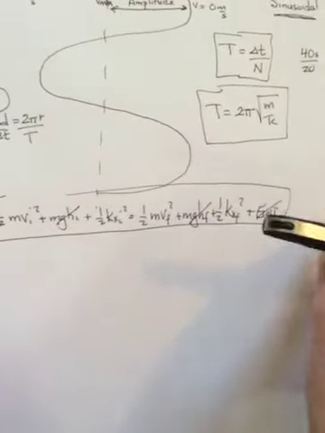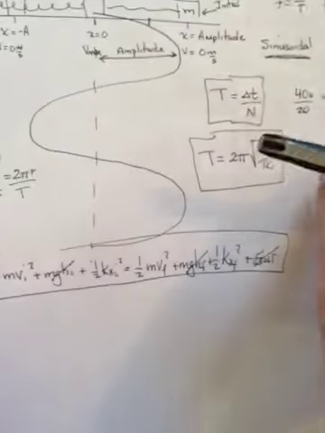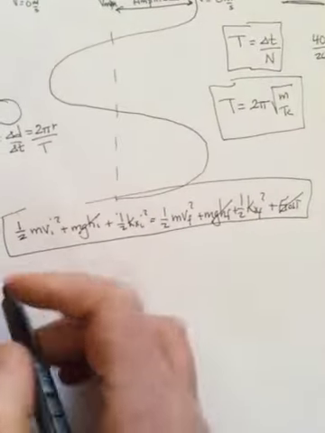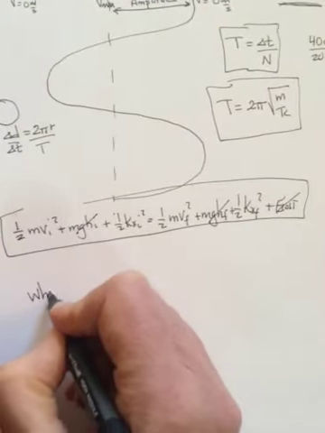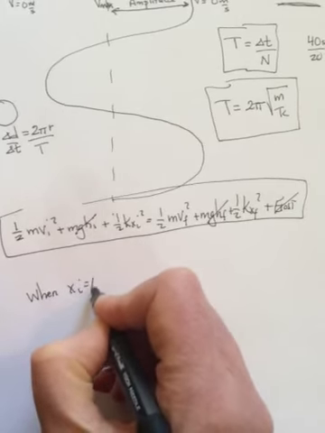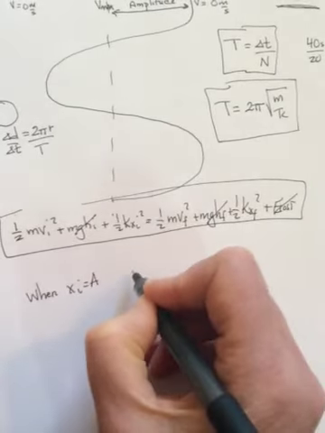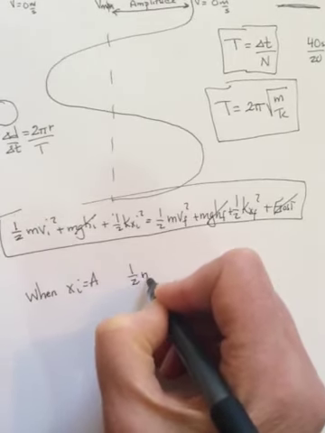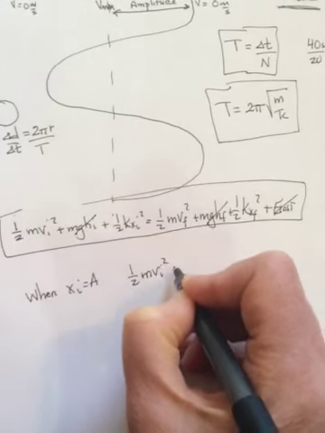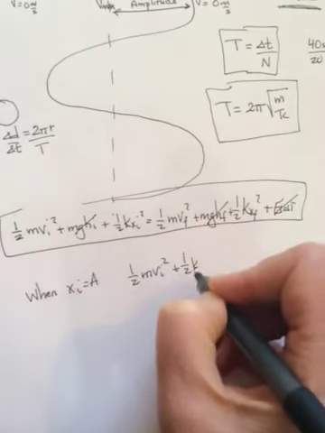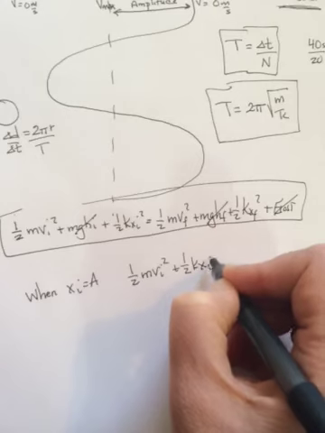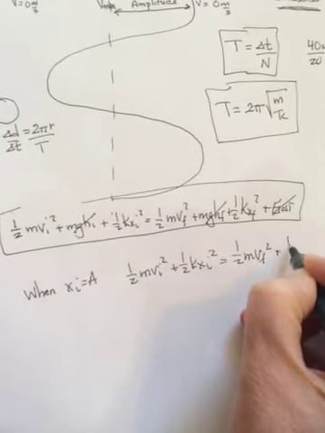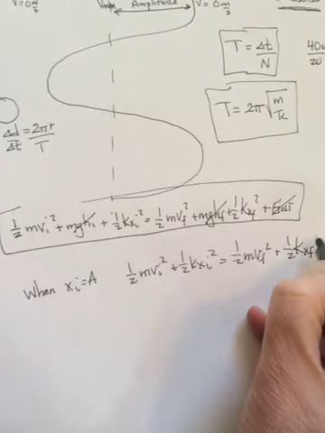But if I were to say, all right, let's find the speed when I pulled it all the way out to the end, when x is a. So when x initial equals a, and we're using the center point, we would have 1/2 m v initial squared plus 1/2 k x initial squared equal to 1/2 m v final squared plus 1/2 k x final squared.